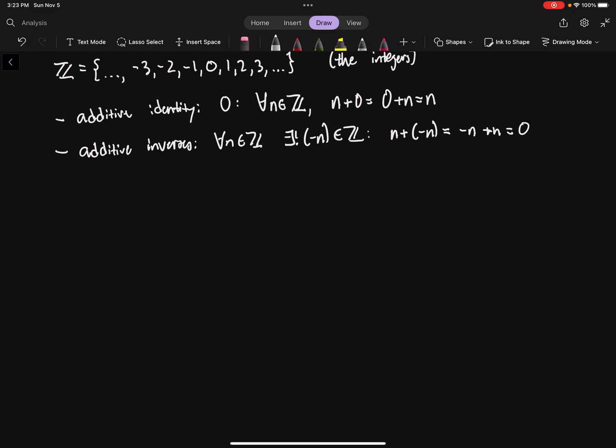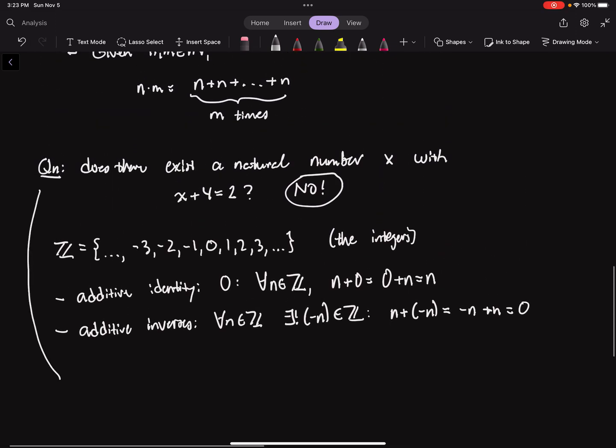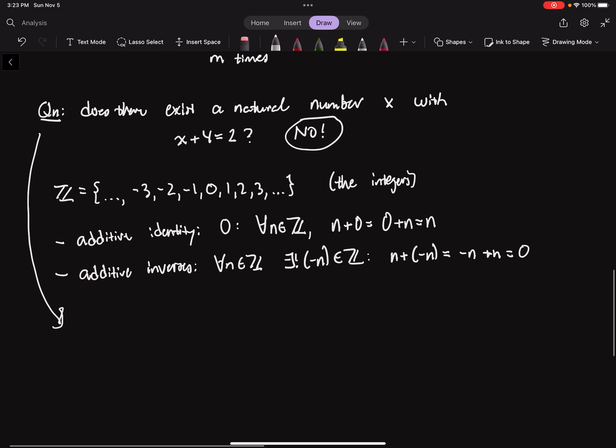And let's think, can we now answer questions like the one from above in Z? And the answer is yes. So, we're not proving all these properties in depth, otherwise we would be here for much longer.